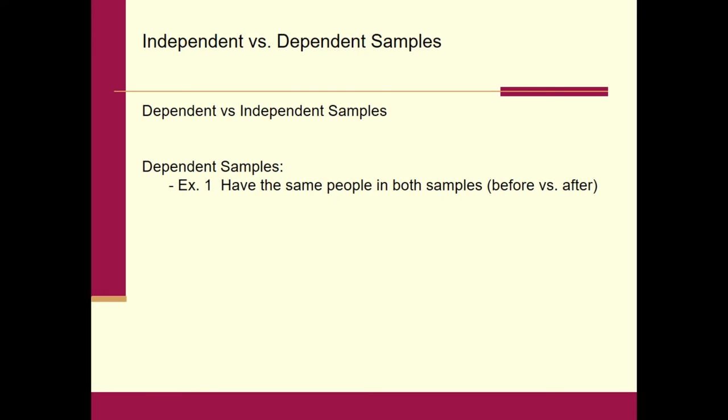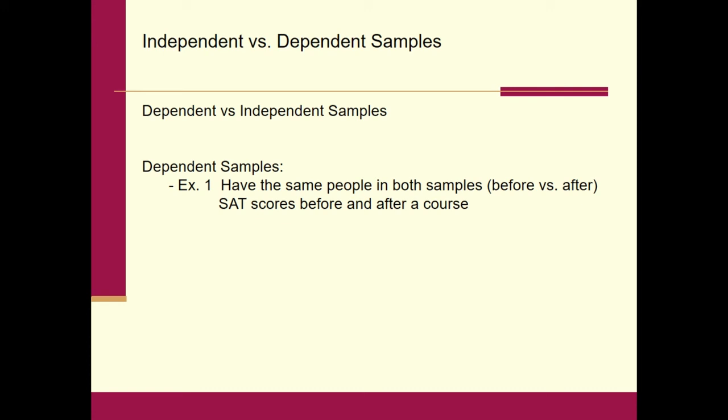Let's say that we have an example where we have exactly the same people in both samples. Sounds kind of funny. And actually, if we have exactly the same people in both samples, we have exactly the same people in both populations too, okay? And we have this before and after effect. So for example, let's say that we have a group of students who did poorly on the SAT the first time they took it.